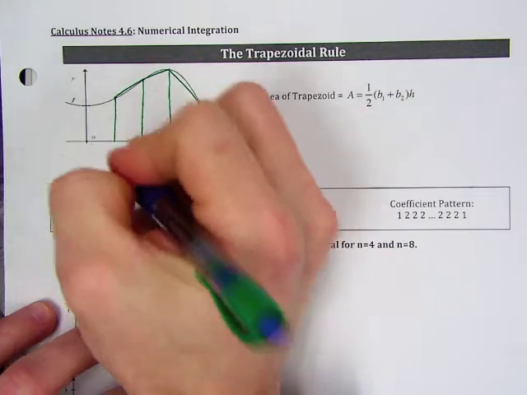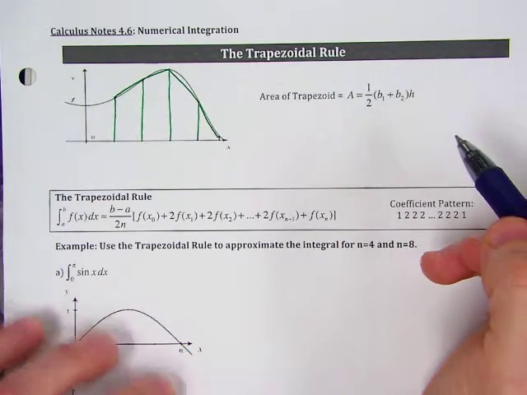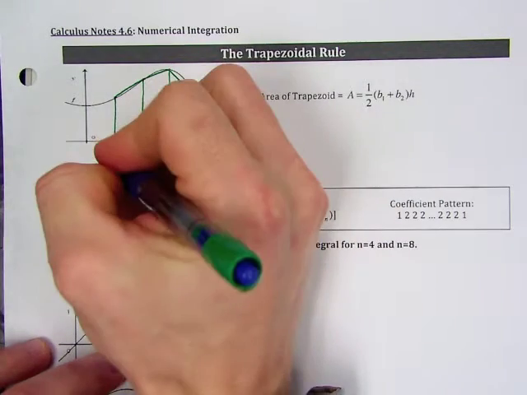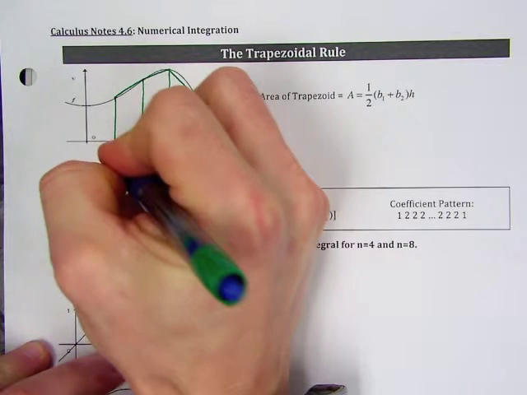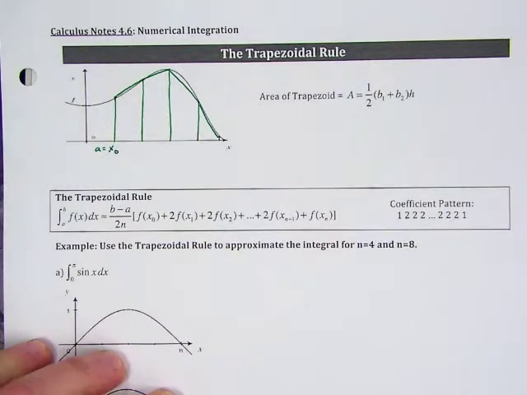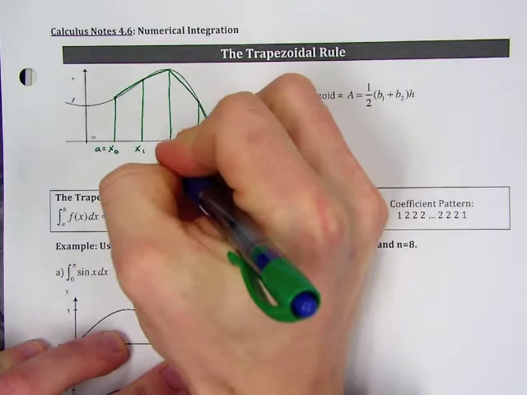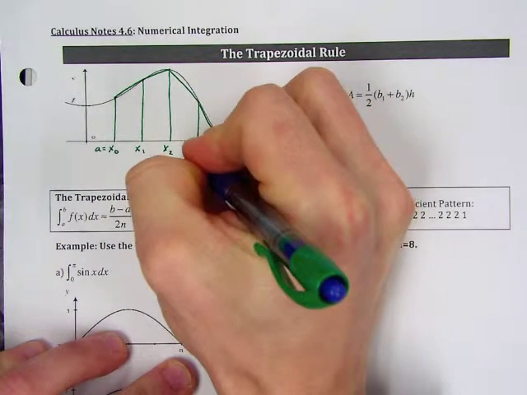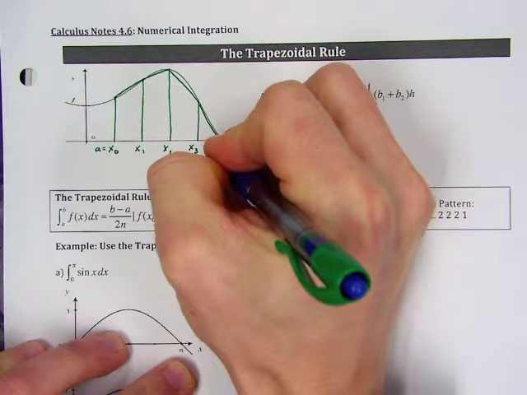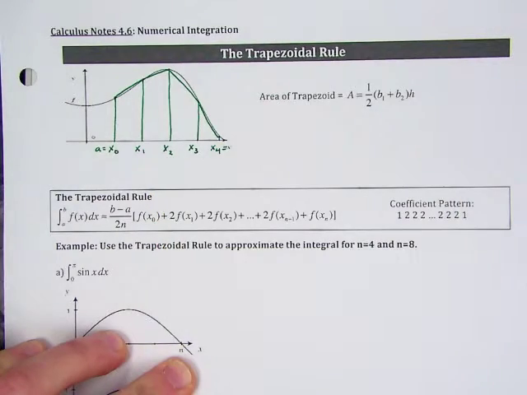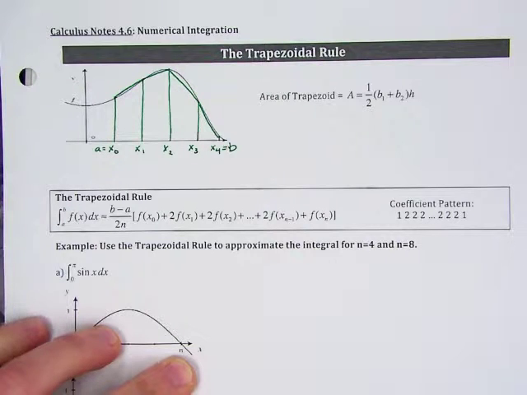So we're still going to go on an interval from a to b. So a is going to be x sub 0 here, and then we get x sub 1, x sub 2, x sub 3, and x sub 4, which is going to be our b. Wouldn't the distance between them be the h?